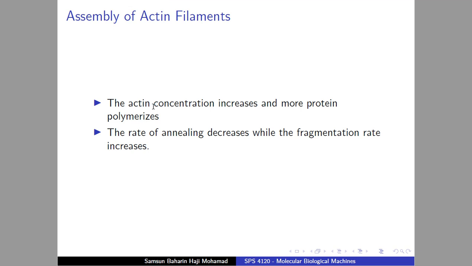If the actin concentration increases, more protein will polymerize, because when we meet more frequently, there will be more association. The rate of annealing decreases as the fragmentation rate increases.